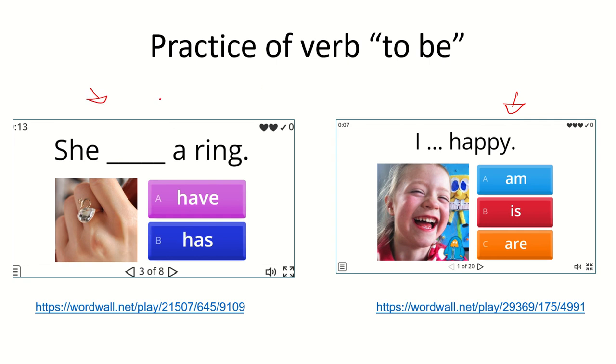So before you start, we'll do the first one in the picture as an example. Remember what letter I told you he and she and it love? They love the letter S. So when I talk about he, she, and it, I'm going to write has, the one with the S in it.